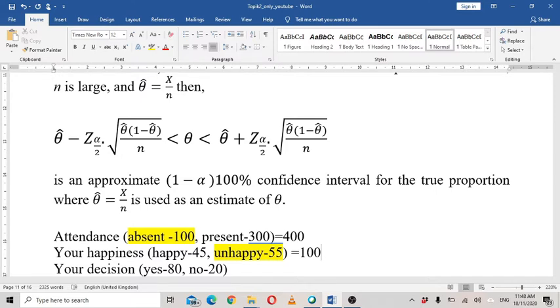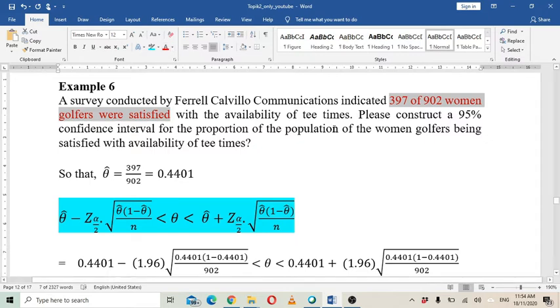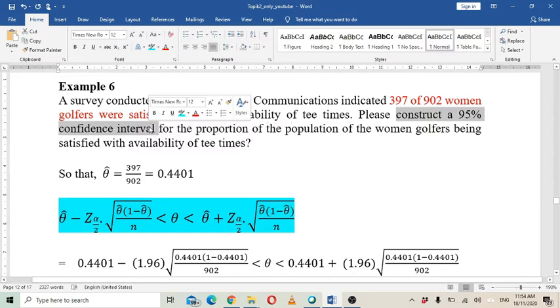Theta hat is 397 over 902. How do we know that? Because 397 women golfers were satisfied. The question is to construct a 95% confidence interval.